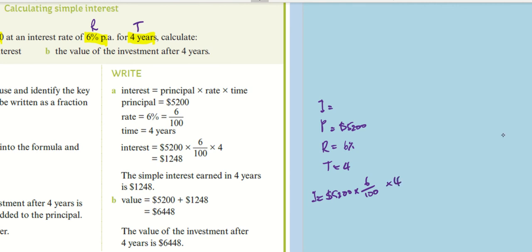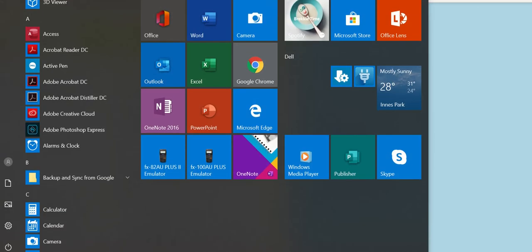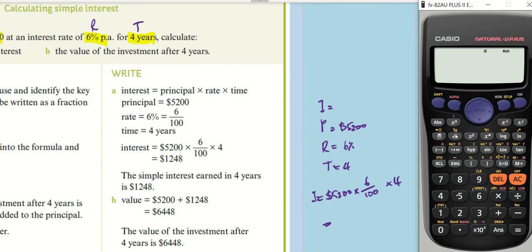We can just use our calculator now to work that out: 5,200 times 6 over 100, times 4. That should be $1,248.